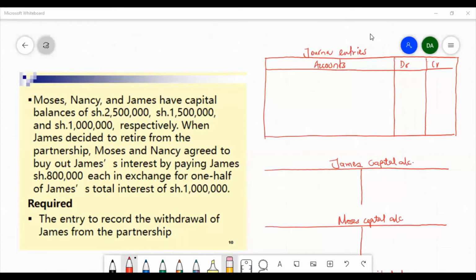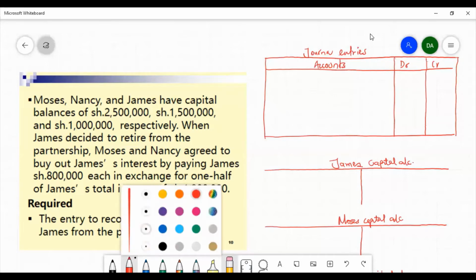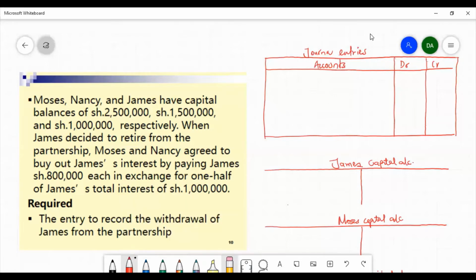However, the capital which is in the business of the partner will be accounted for as the partner leaves. So that capital will then be distributed to the existing partners, the remaining partners who have accepted to compensate the retiring partner. The first thing that we are going to do, now that this is a very simple example, is to prepare journal entries which will show this transaction of retirement of James.